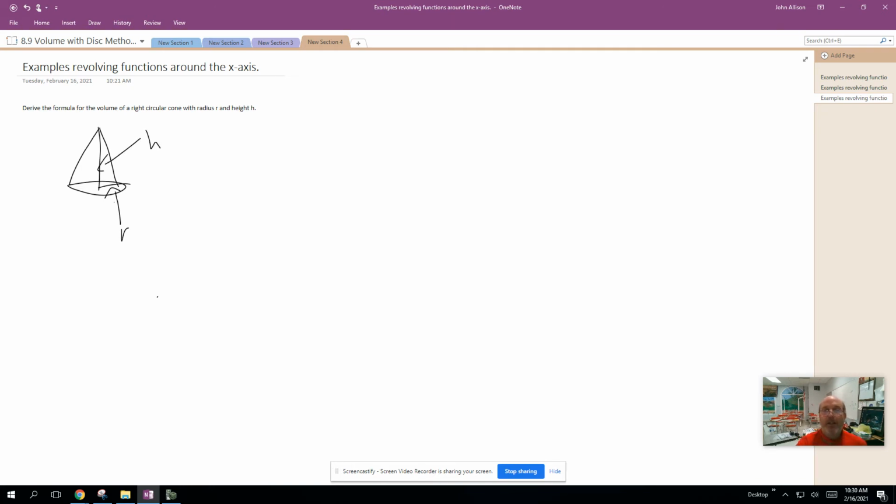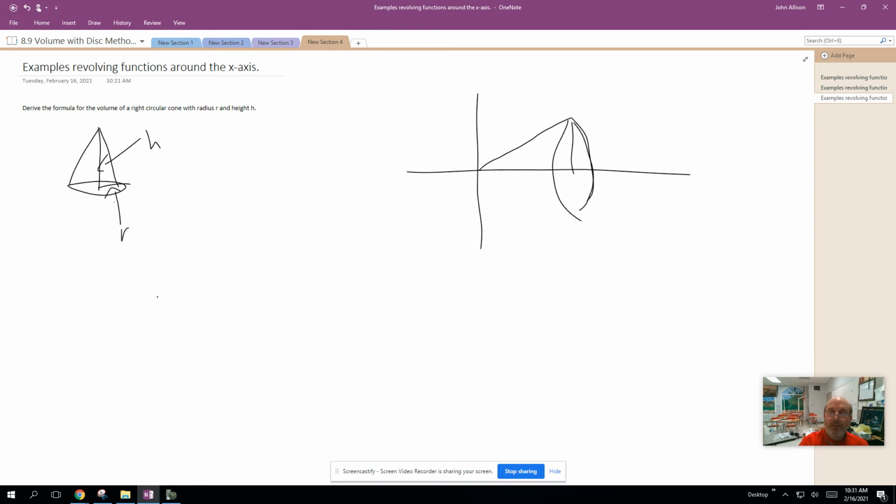I'm going to do this by laying this cone with that axis, or the height, along the x-axis, and the base is going to be created by revolving a line around the x-axis.